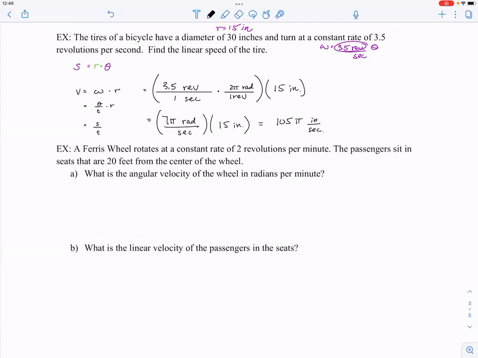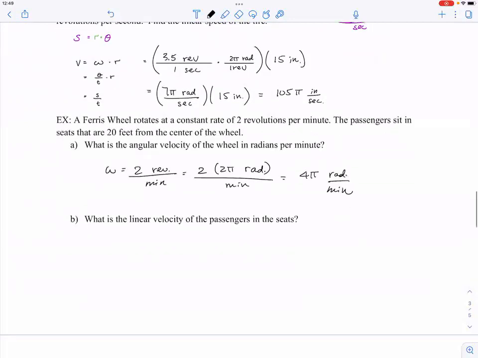The angular velocity of the wheel in radians per minute. So you have the omega at 2 revolutions per minute. Then you can simply go ahead and replace the 2 revolutions with 2 pi. So that means it is rotating at 4 pi radians per minute. Right?